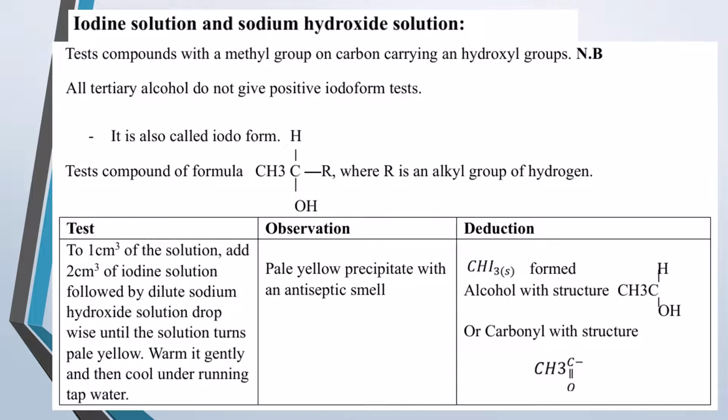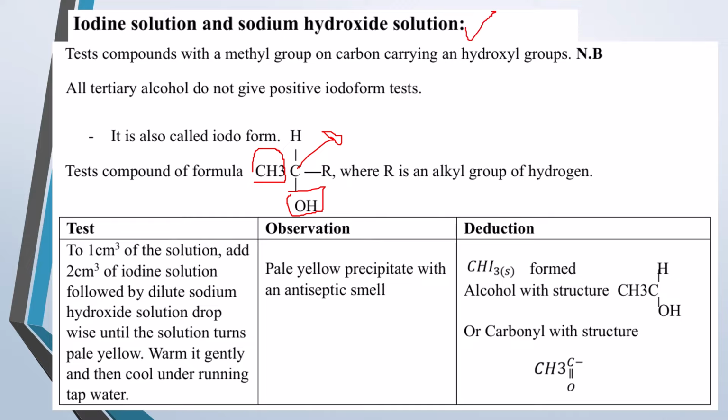Now the iodoform test is for compounds that contain a methyl group on the carbon atom which is attached to a functional group. If you have a methyl group attached to a carbon atom, this carbon atom must carry a functional group. It's going to give a positive test with this iodoform test.